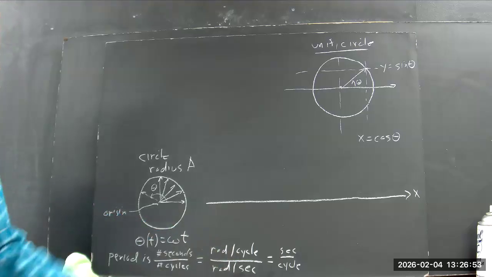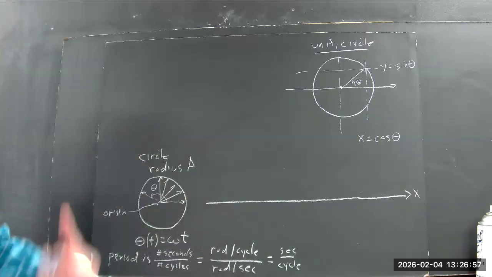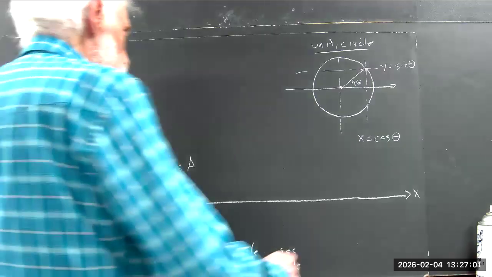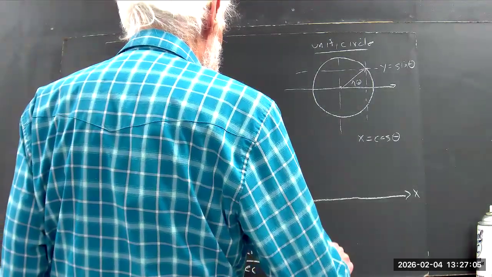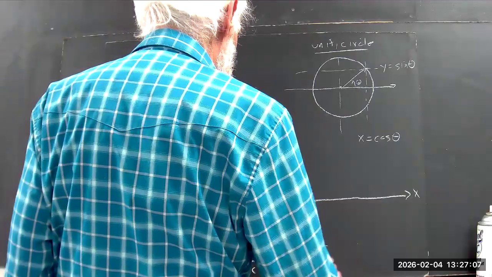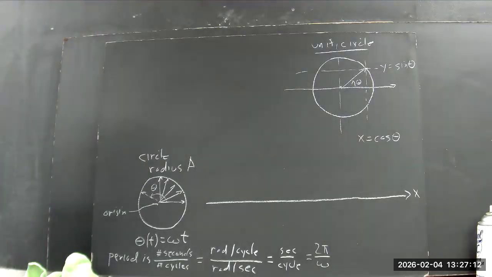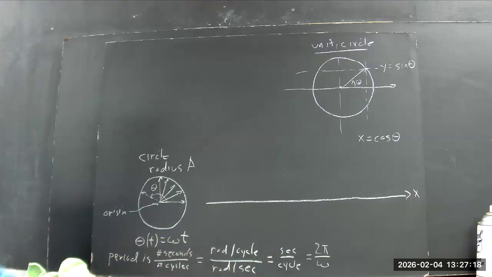Now, how many radians per cycle? Well, how many radians per cycle? 2 pi radians around the circle, right? And how many radians per second? That's omega. So your period is this.